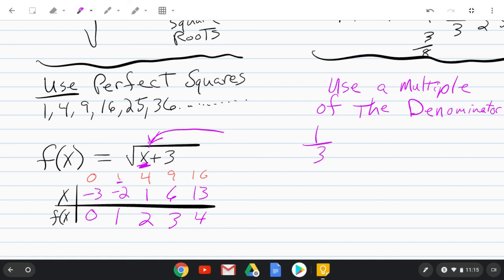I would want to use numbers like 0, 3, and 6. Now, I could keep going to 9, 12, and so on, but I would rather you go -3 and -6. If I had 3/7, you would choose the numbers 0, 7, 14, but then I would also have you choose -7 and -14.